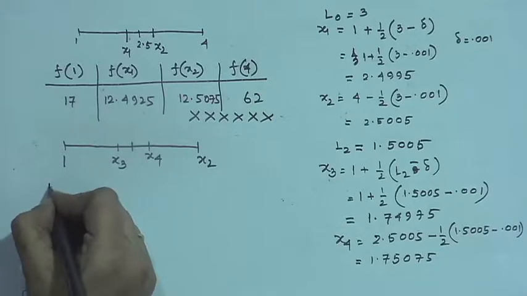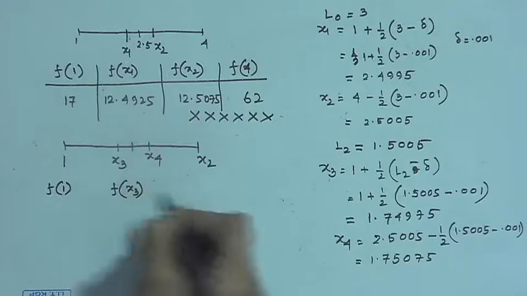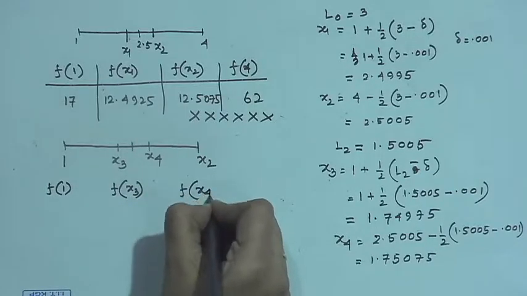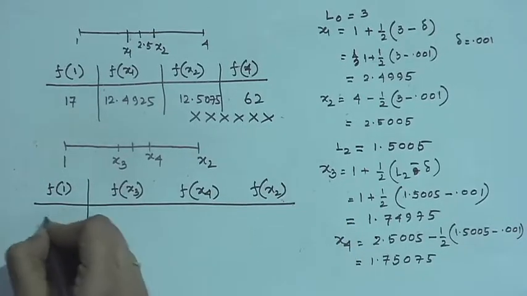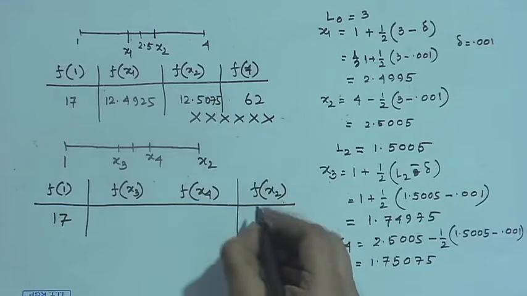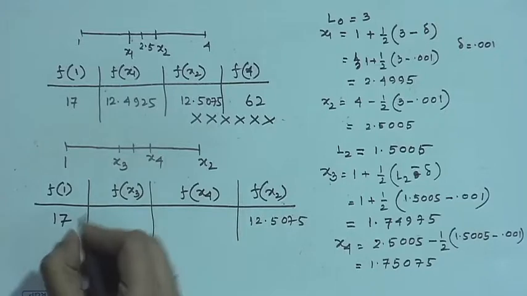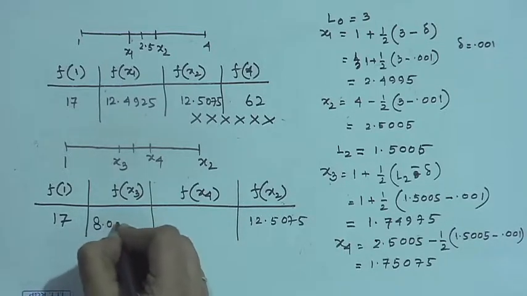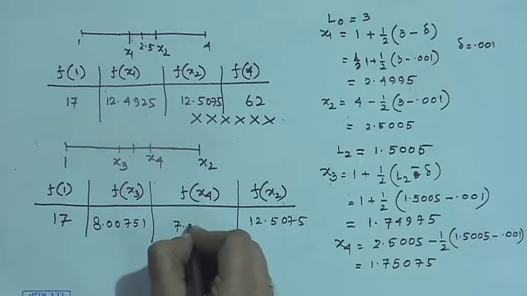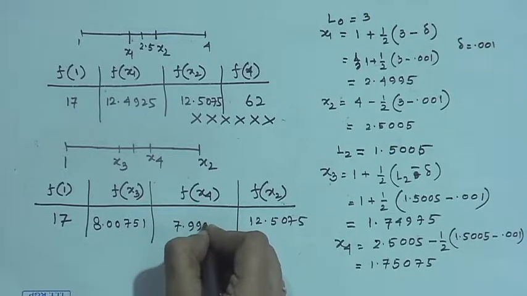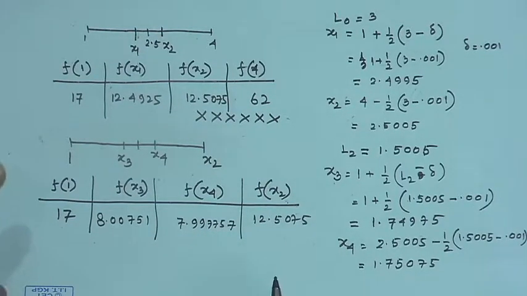Again we find the functional value at 1, at x3, at x4, and at x2. We know this from the previous case: this is 17, this is 12.5075, and the x3 and x4 values are coming as 8.00751 and 7.997757. As many digits as you take, you will get an accurate result.